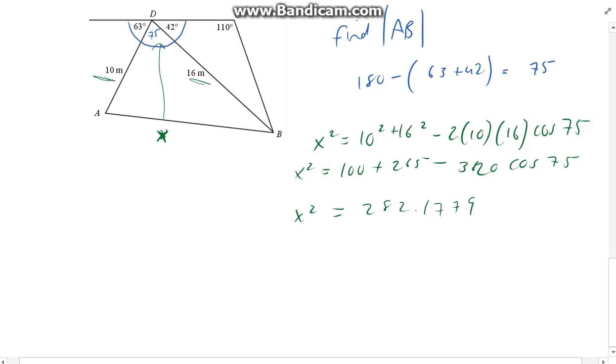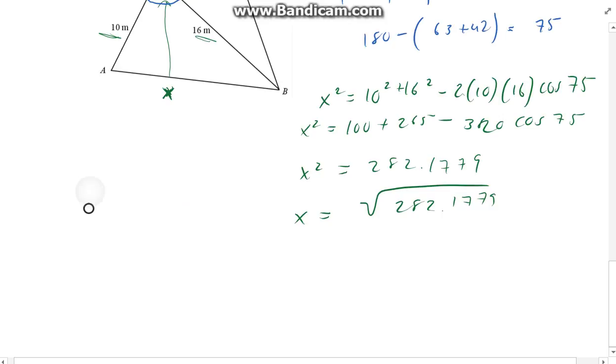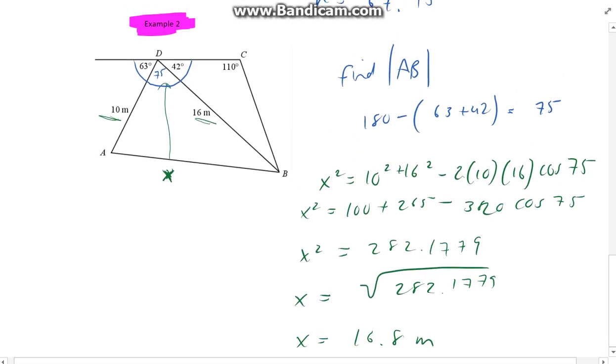Keep it to 4 decimal places until the end. I want to find x, so I have to get the square root of 282.1779. I think in the exam paper this said 1 decimal place, so x is equal to the square root of 282.1779, which is 16.798, so to 1 decimal place it's 16.8 meters. Therefore we know x is no longer just x, we can call it 16.8 meters.